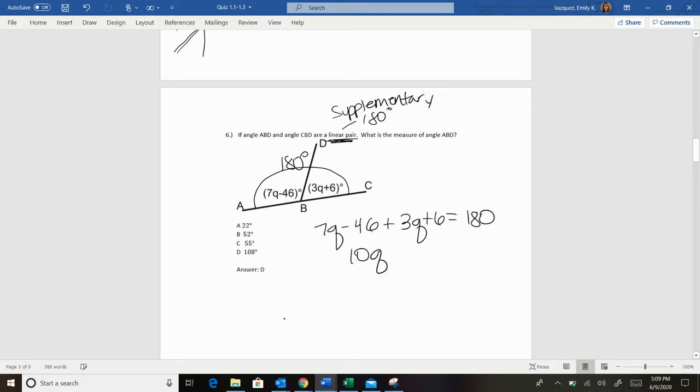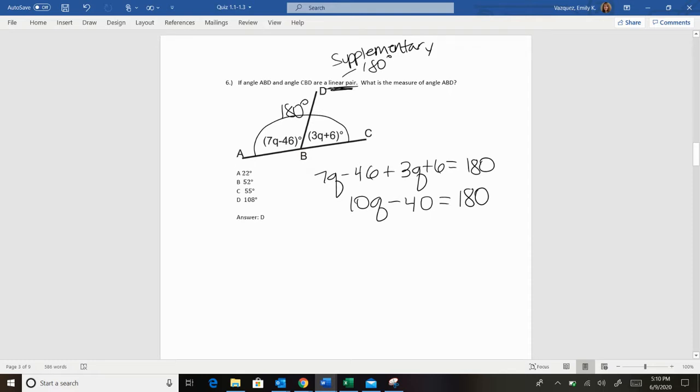I'm going to very carefully combine like terms, and I'm going to solve for q. So remember what I've talked to you about trying to eliminate those baby steps. I'm going to add 40 to both sides, and then I'm going to divide by 10, and I would get q is 22.